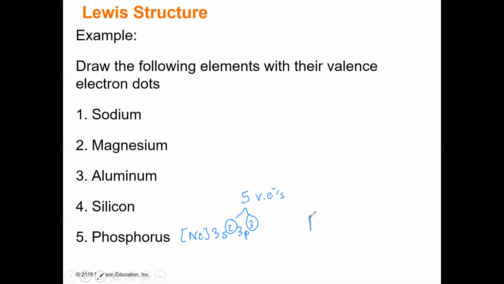So the symbol for phosphorus is P. And let's start drawing our electrons around. First, we want to draw them without pairing them up. So we have 1 here, 2, 3, 4. And then for our 5th electron, we now need to start pairing up our electrons. So our 5th electron is now going to be paired up. And that will be your Lewis dot structure for phosphorus.